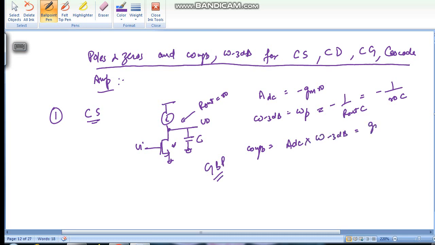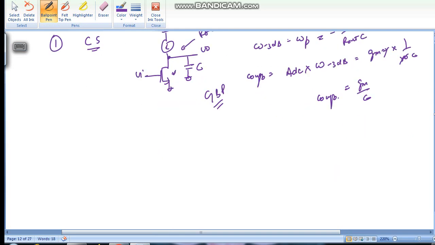It will be GM RO into 1 by RO C. So omega UGB will be GM by C. So this is our omega UGB frequency.